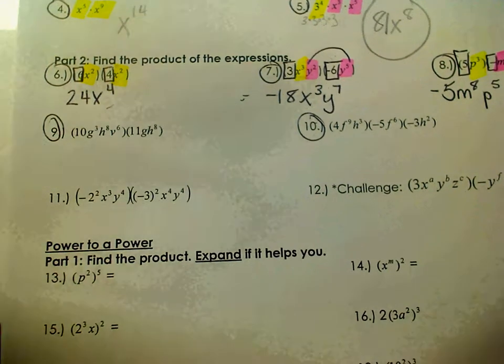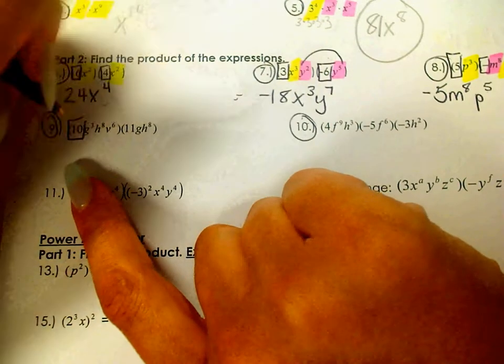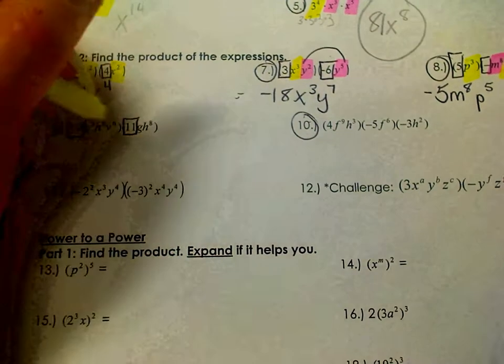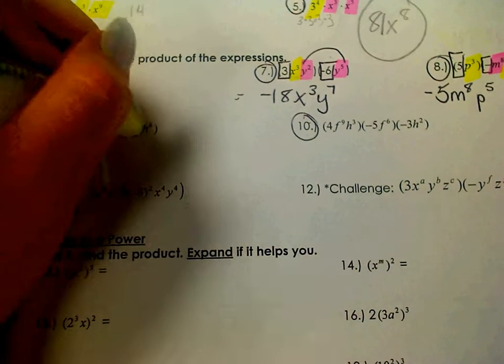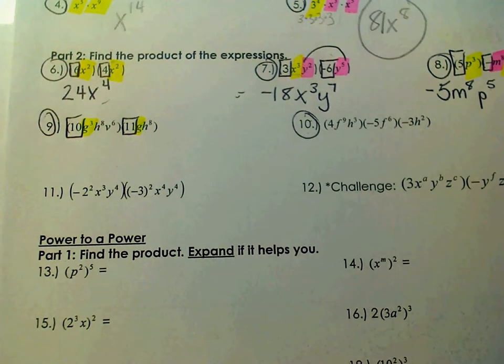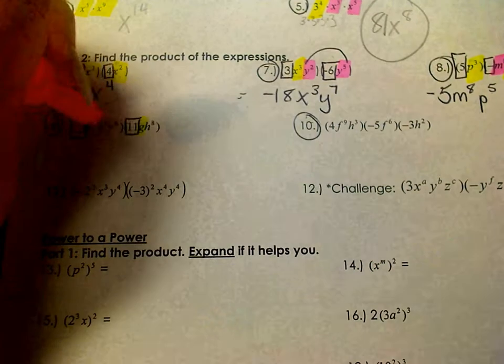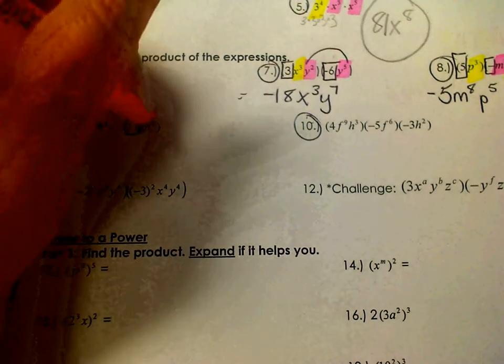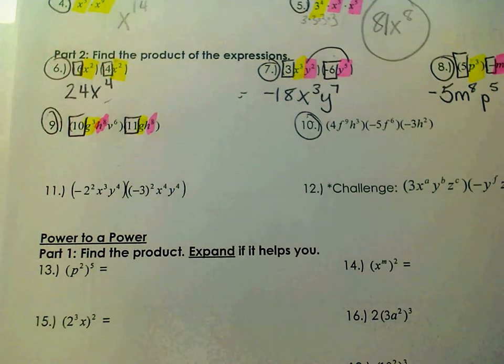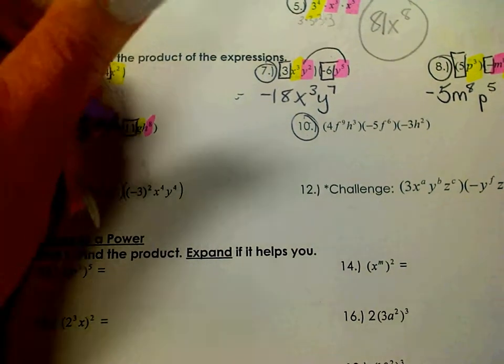Next one, you have numbers here too. So 10 times 11. And then we have g to the 3rd power and g to the first power. And we have h to the 8th power and h to the 8th power. And then we have v to the 6th power there.